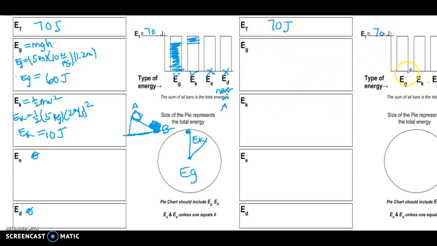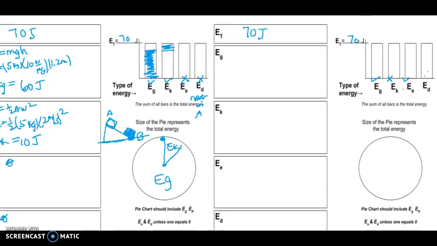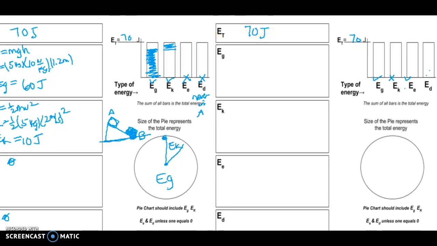Is it above the ground? Yes. Is it moving? The block hits the spring and comes to a stop, so no. Is there a spring, stretched or compressed? Yes. And is there ED? Yes. Let me see if I can move this. I hope that worked.